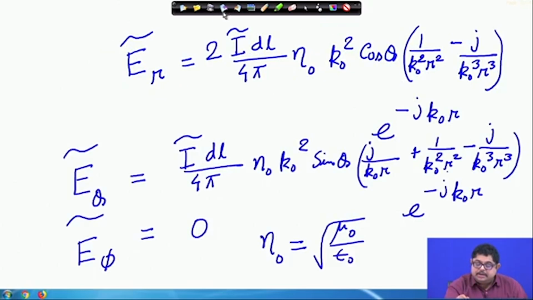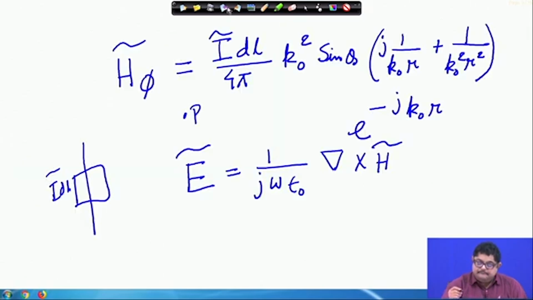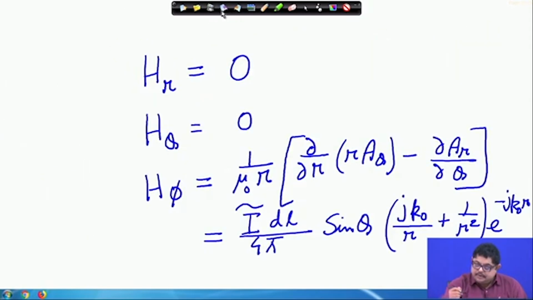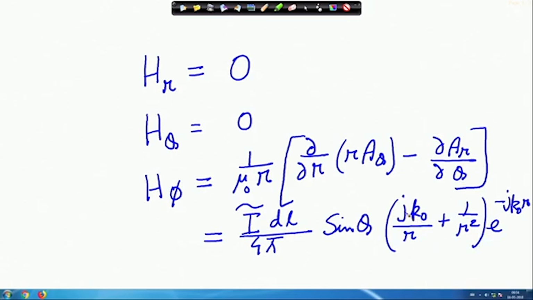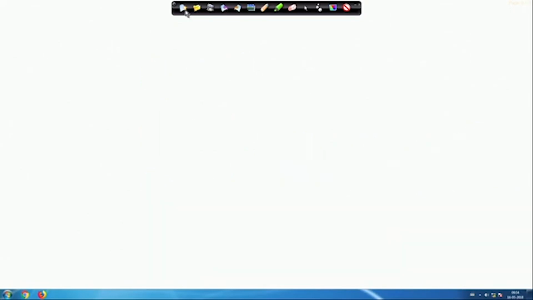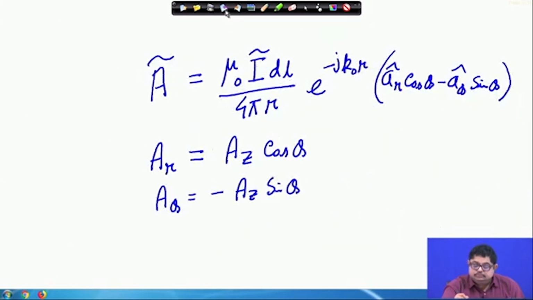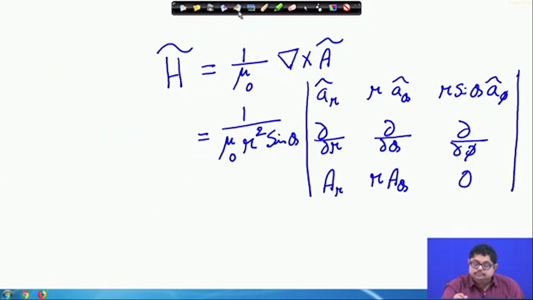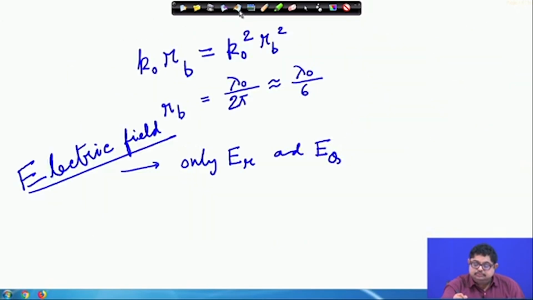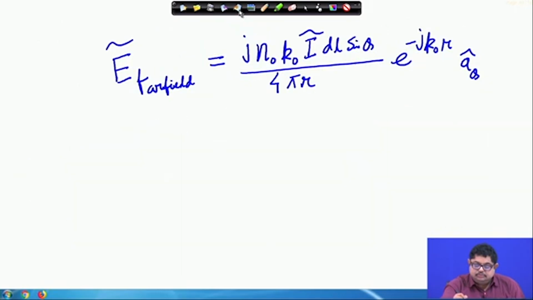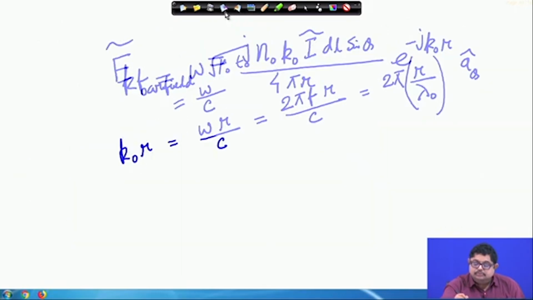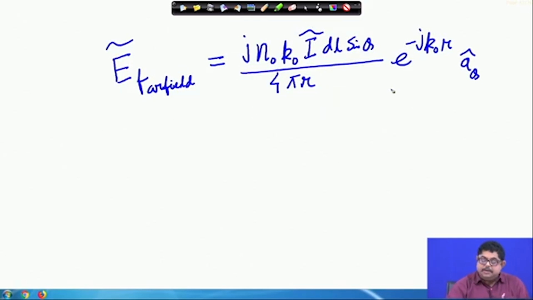Let us see the magnetic far field, if I have written. I have not written. So, this also has a time phase of j. So, can I say that both E far field is this.